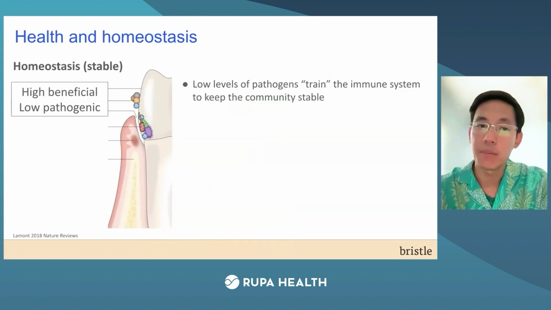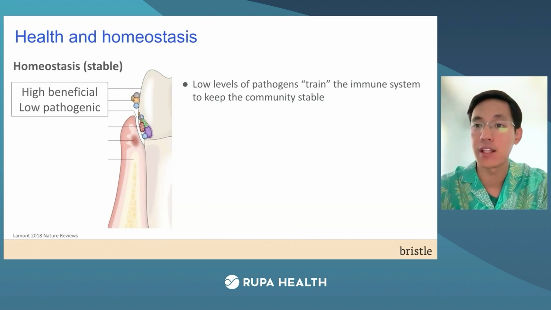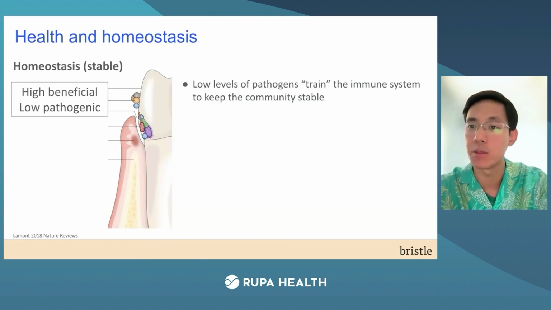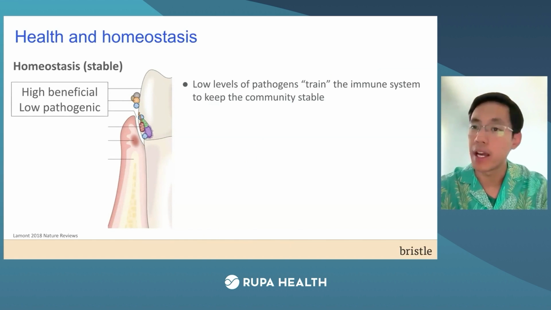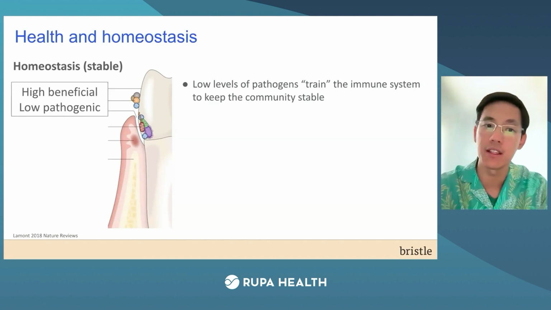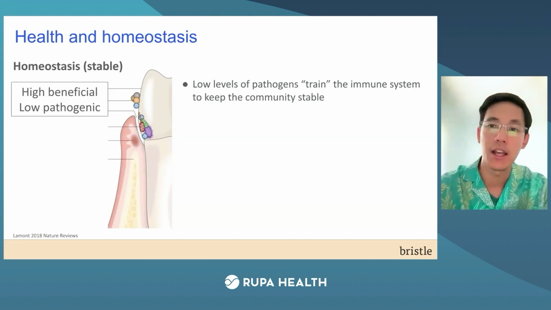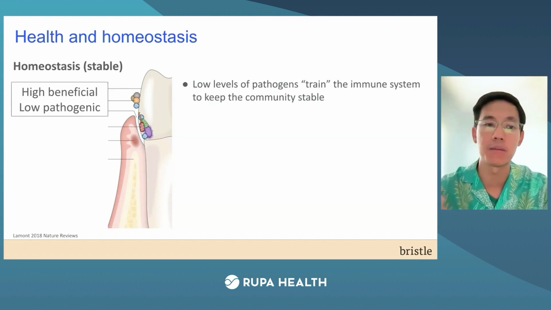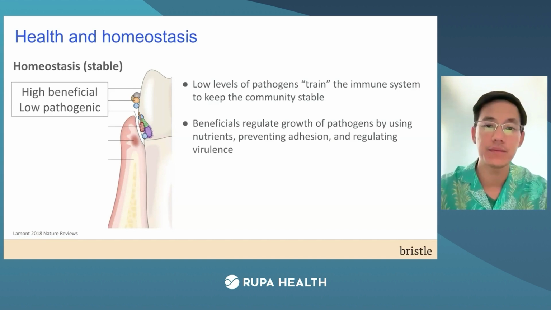These low levels of pathogens in the homeostatic community are actually really important for training the community and training the immune system. There's a feedback loop with your immune system where these pathogens trigger the immune system and tell it, hey, these are the types of things that you should remove. That's what your immune system does, and it keeps everything in balance.